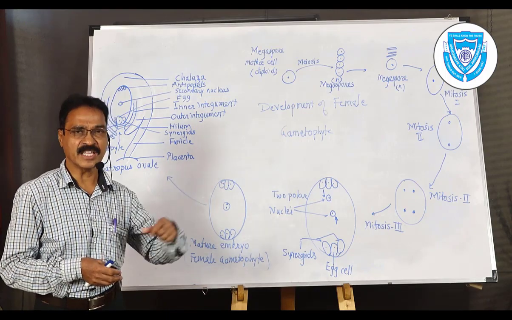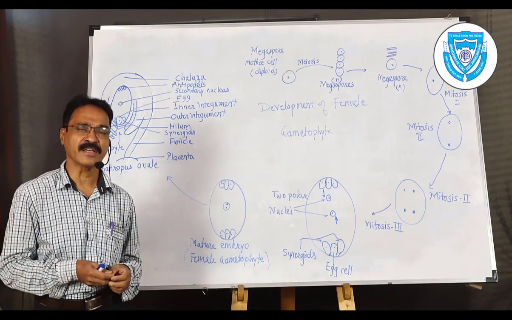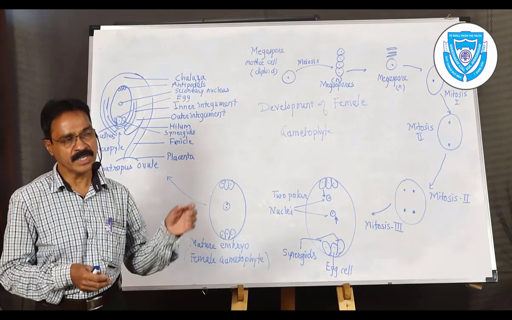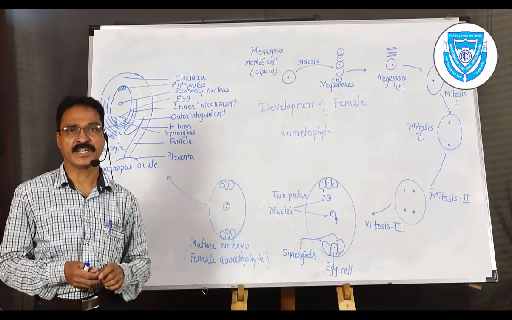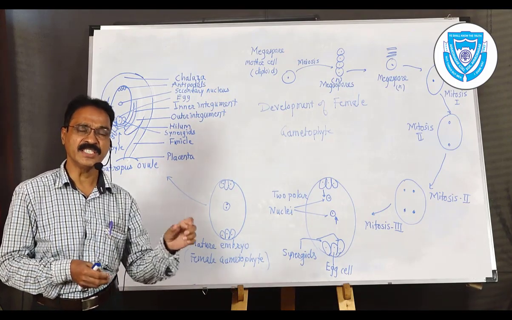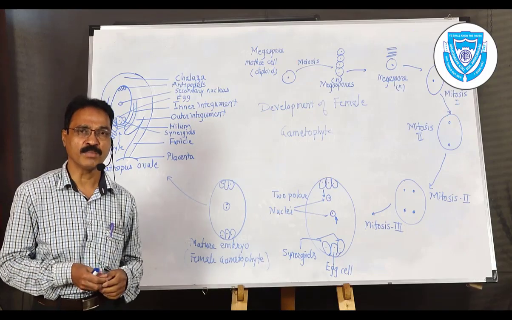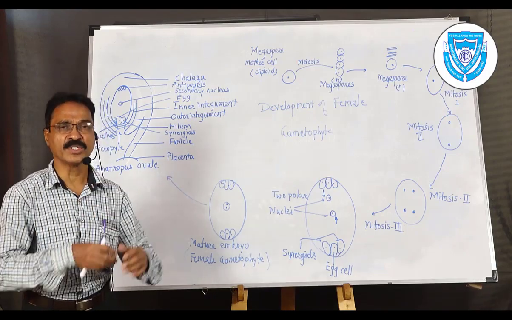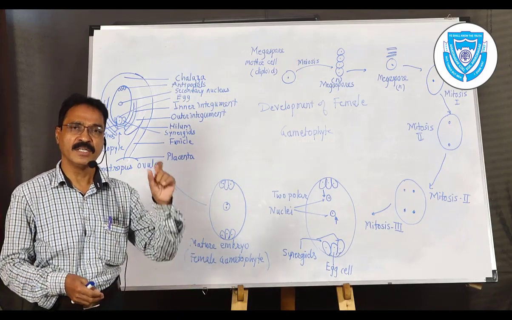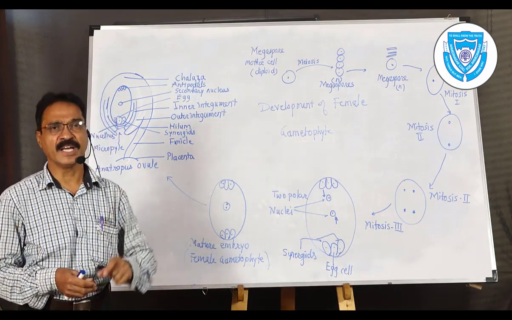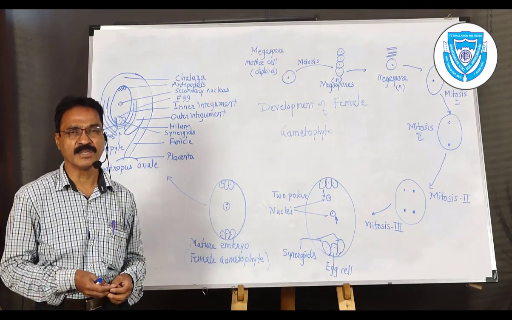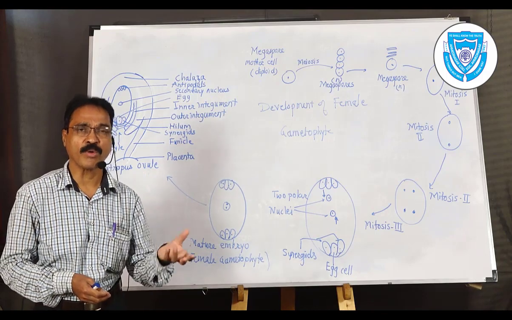So this gametophyte development occurs at 2 places. One is inside the anther, in the pollen sac. When it is released, which in short we call pollination, it is in a 2-celled condition: the vegetative, larger cell and the generative cell. At this stage it is transferred, which is called pollination. When it is deposited on the stigma, maybe of the same flower or a different flower, it doesn't matter, the pollen grain is received by the stigma, and because of some stimulation given by the stigma, it forms the pollen tube.